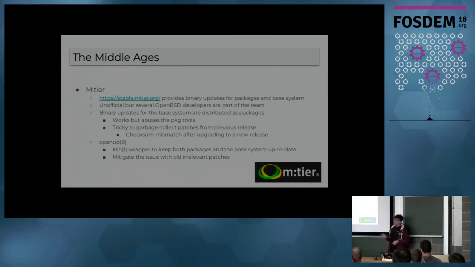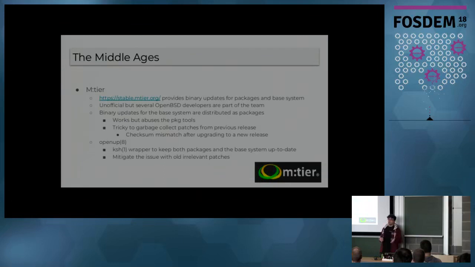The tool was based on the package tool. When you have a new patch, you just install the package. There were two issues with that. While it works relatively fine, it really abuses the package tool framework. Also, you will get mismatched signatures in your packages when you upgrade to a new release.